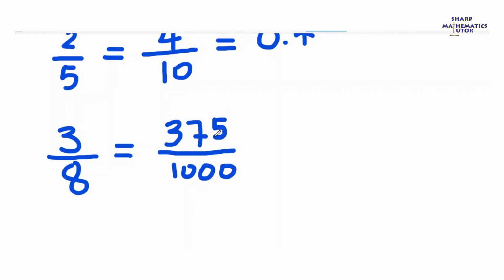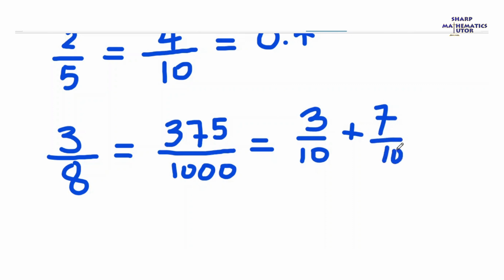375. And we know another way that we could write 375. Alright, so it's 3 over 10 plus 7 over 100 plus 5 over 1000.